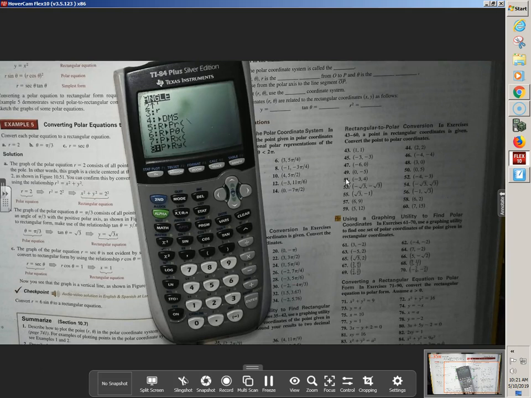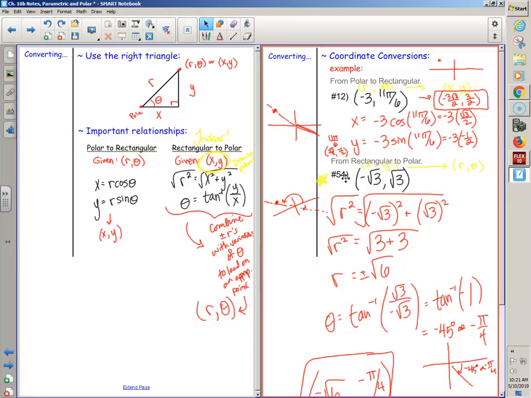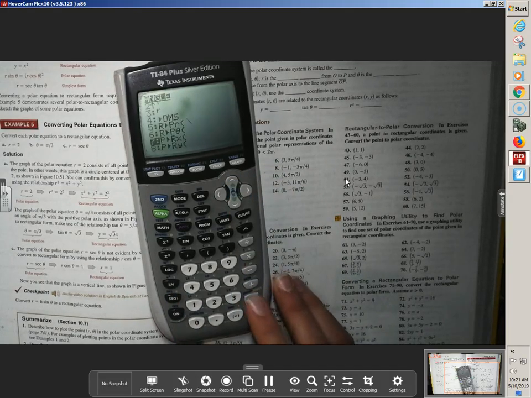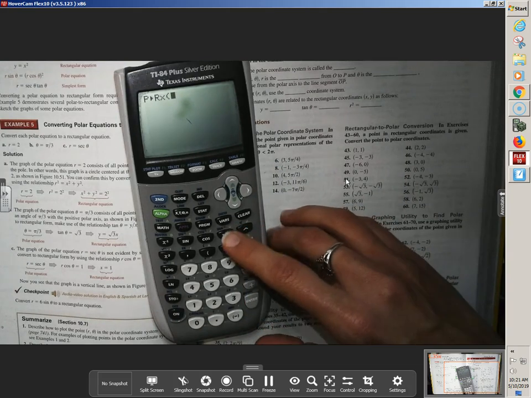Rectangular point to polar R, radius, and rectangular point to polar theta, and then polar point to rectangular X and polar point to rectangular Y. Now in some ways it may be even harder than doing it just the formula way, but let's see if we can figure this out. The first point that we had was polar and we were going to rectangular, so we would be using these two options. So polar point to rectangular X.